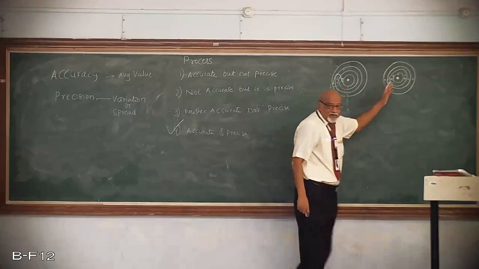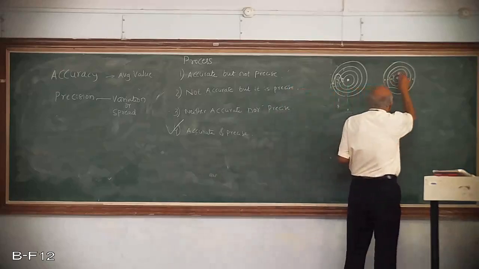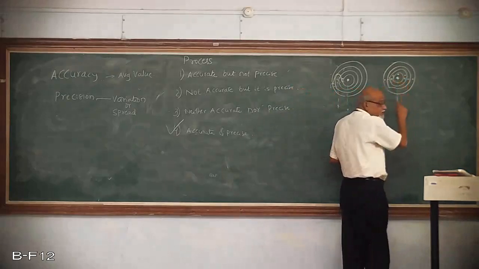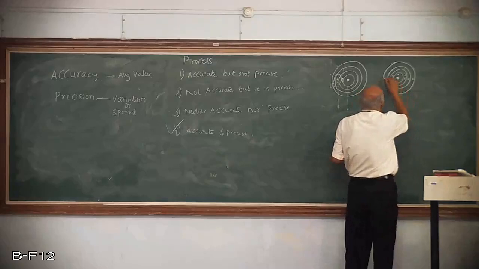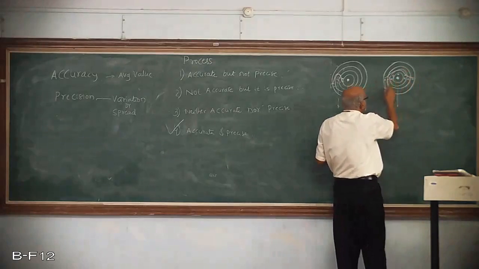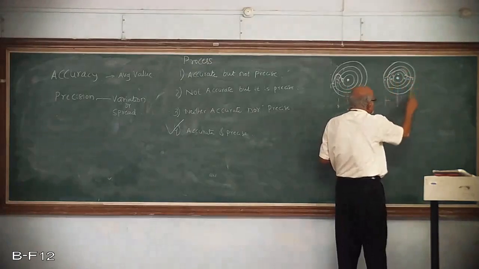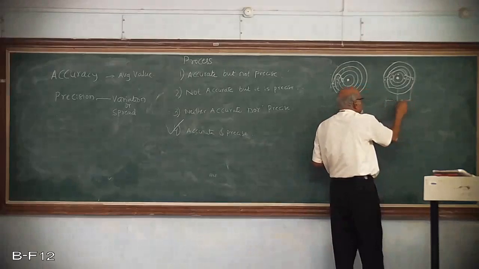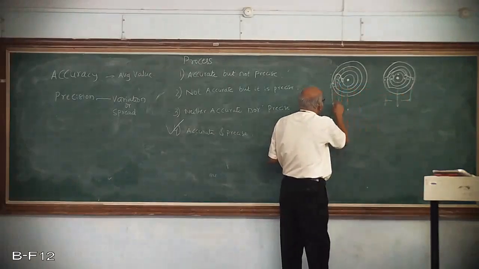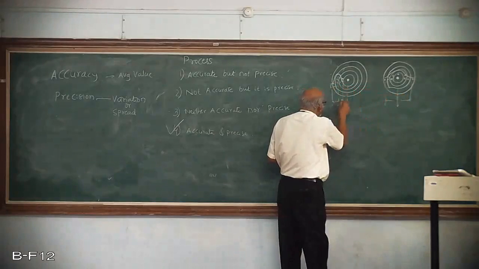You look at this one. Here I wanted the average to be here, and exactly it is here only. There you find the average. But its spread is going to be like this. It has got more spread. It is varying from here to here, whereas the other one's spread is only this much, small.